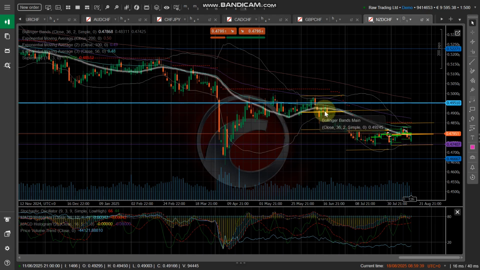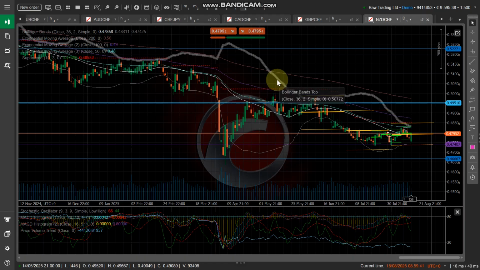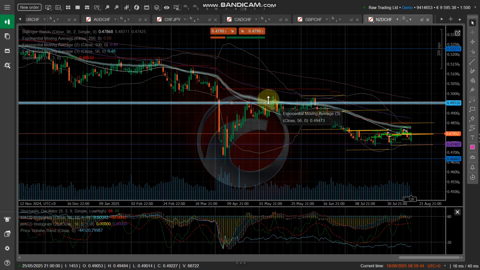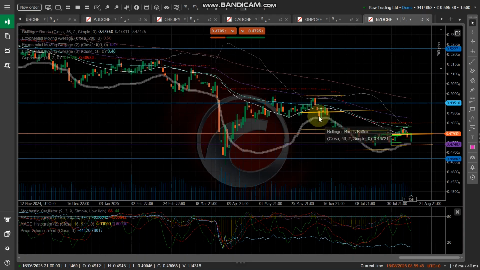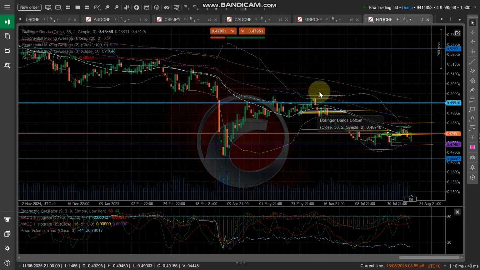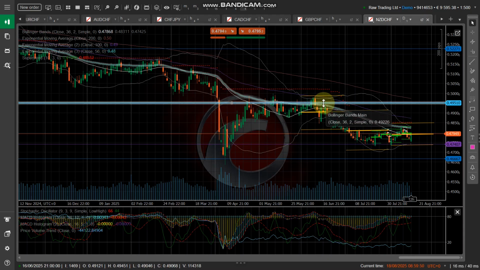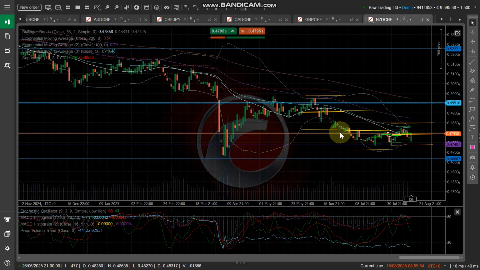Fight holding the 36 MA, all squeezing, all the MAs lining up, very narrow, ready to spring out. That's the result.